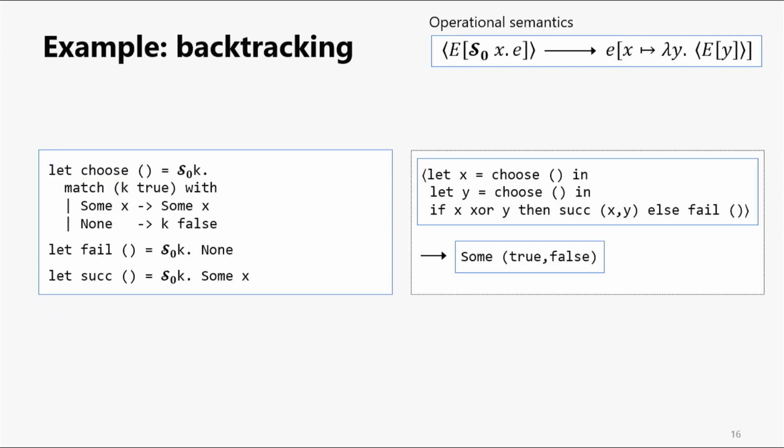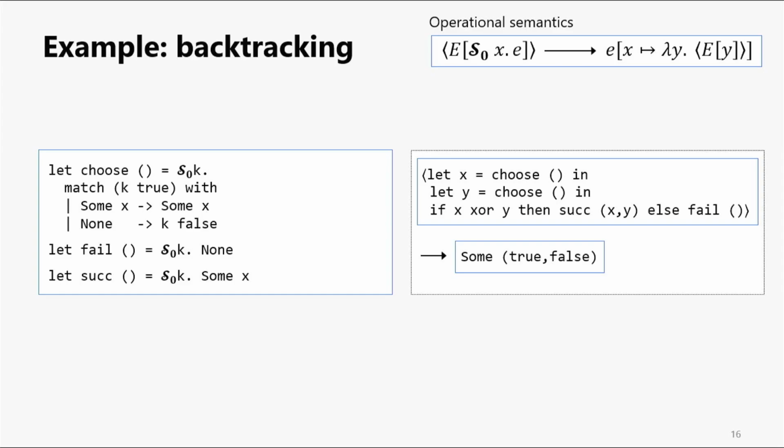Okay, the second example of a control operator is backtracking. This is the implementation of backtracking, and it provides three operations: choose, fail, and succeed. Choose just captures the continuation, and the choose function is expected to return a Boolean value. After capturing the continuation, first the continuation is called with the Boolean value true.